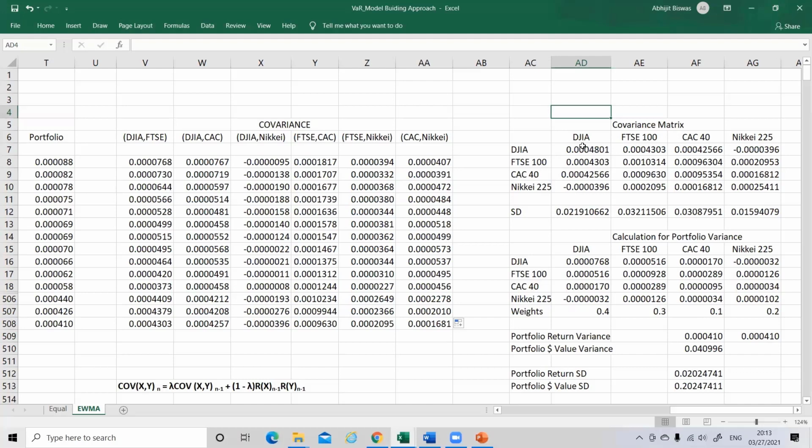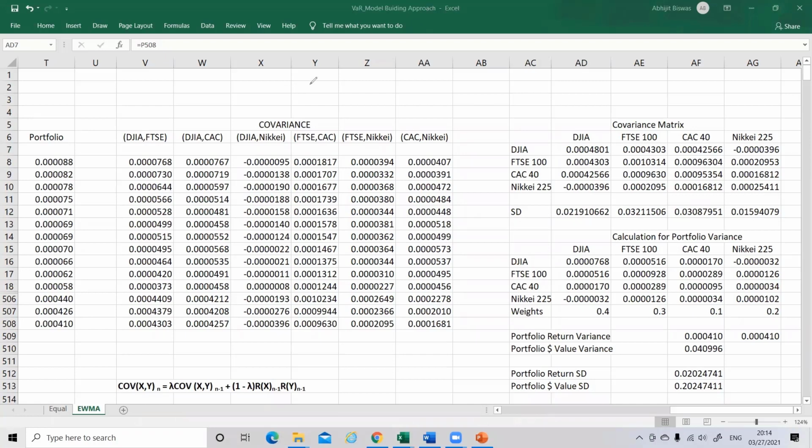Say for example, this is a 4x4 matrix. I want to calculate first the covariance between Dow Jones and Dow Jones. Now here you have to understand one thing very critical: what is the formula for calculating covariance? Anyone remembers from your school days?